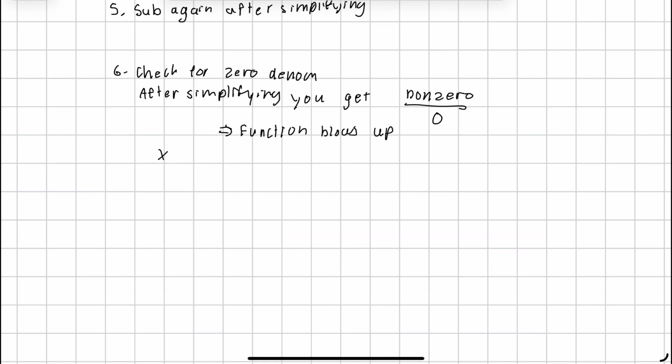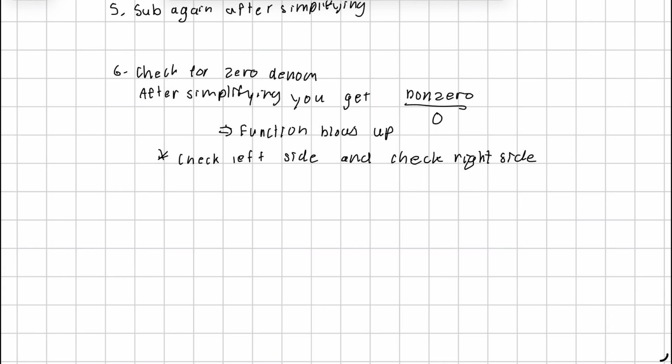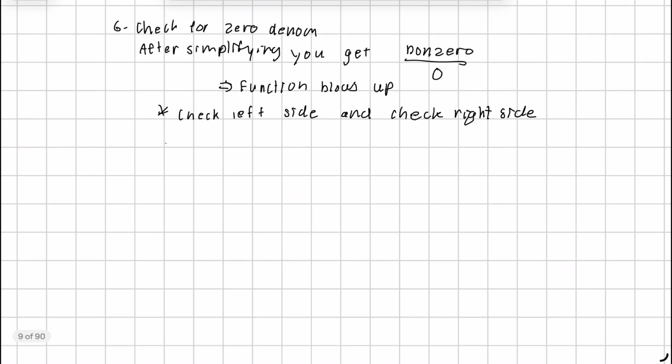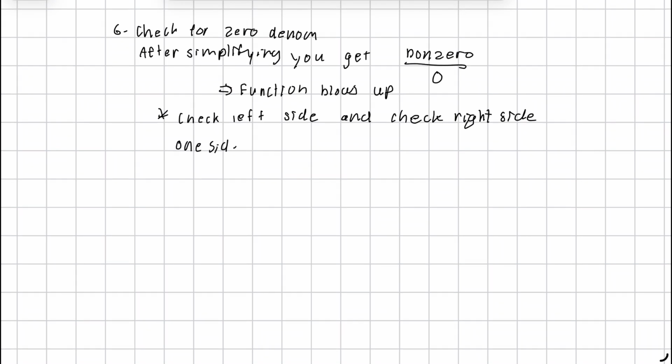But this does mean that you can check the left side and also the right side. Just because the value that you're approaching blows up doesn't mean the left and right won't. So you can still check the behavior on the other sides. If your denominator is equal to 0 but your numerator is a non-zero value, you have to check this one-sided behavior.